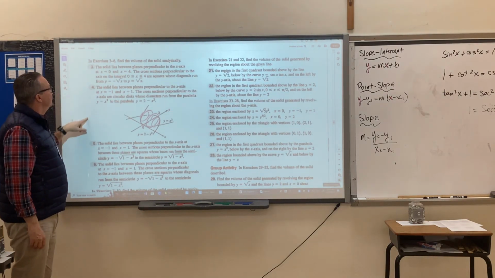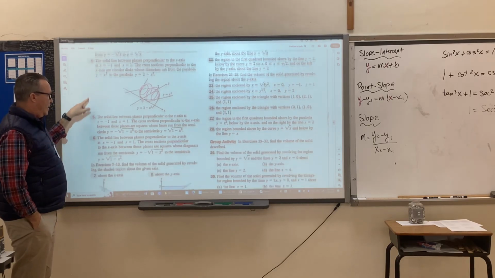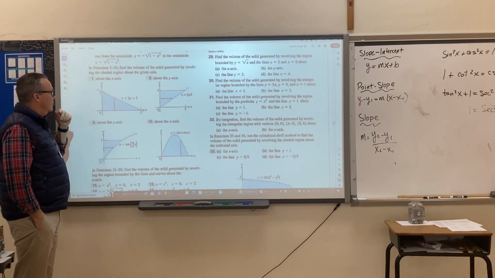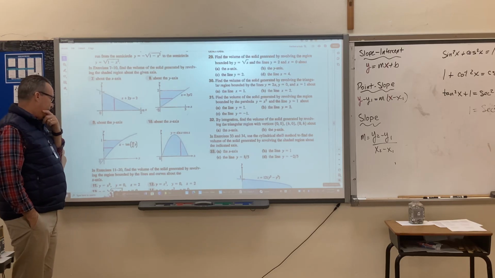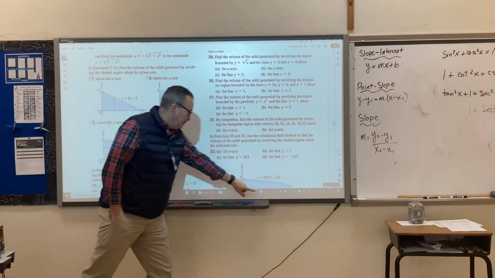7 to 10, just these, right? Revolving about the x-axis, revolving about the y-axis. That's right. Okay, so let's do the first two.